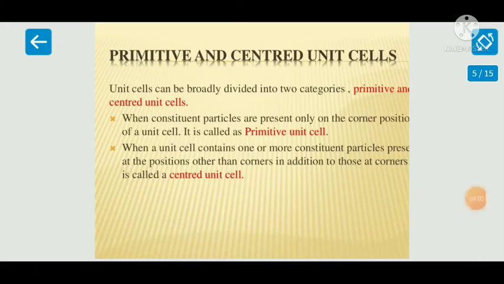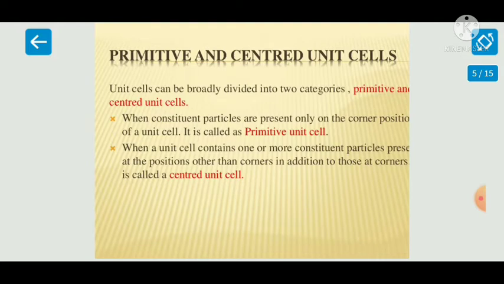Primitive and centered unit cell. A unit cell can be broadly divided into two categories: primitive and centered unit cells. When constituent particles are present only at the corner positions of the unit cell, it is called a primitive unit cell.